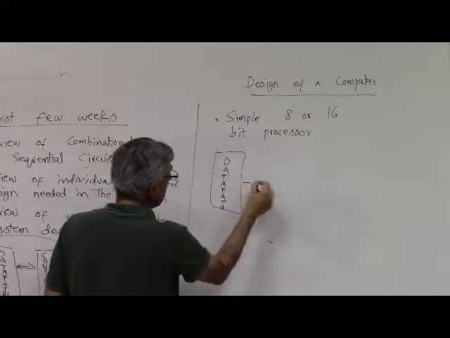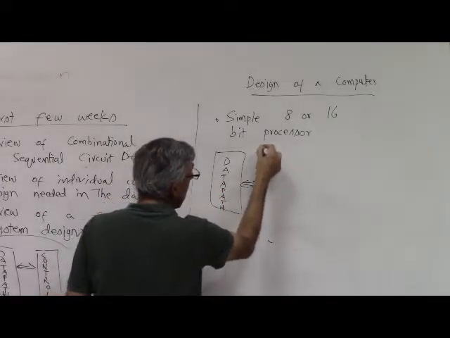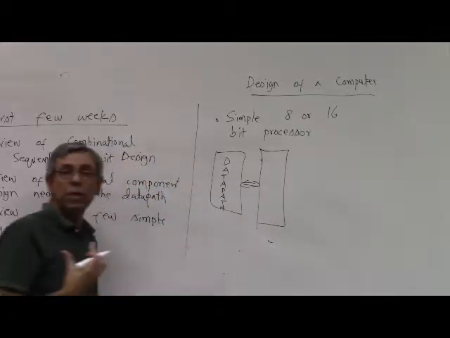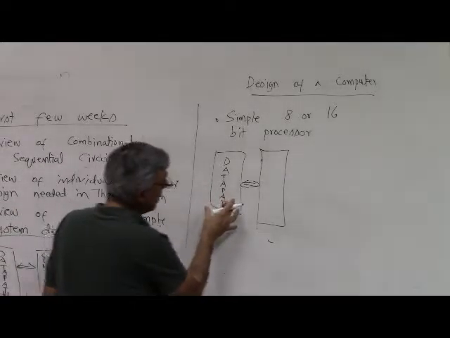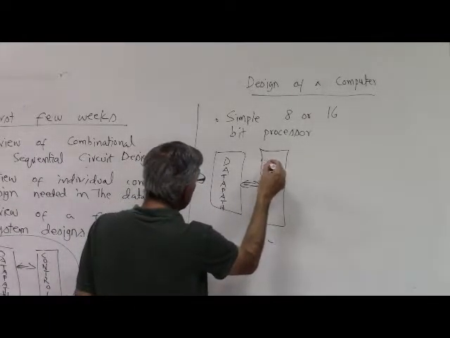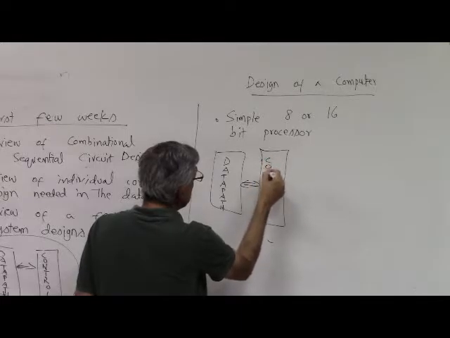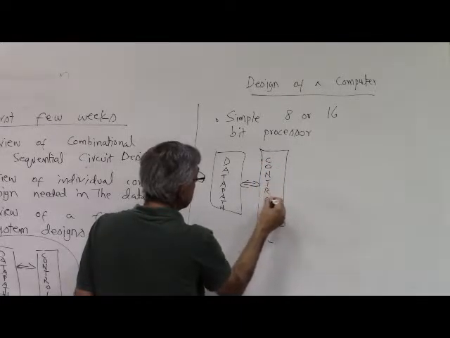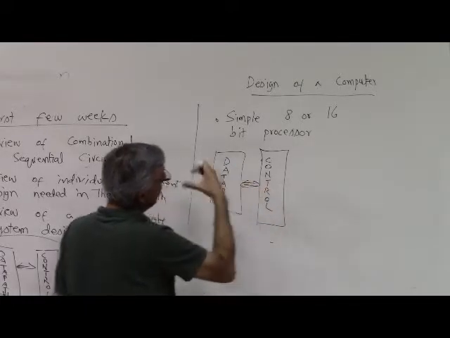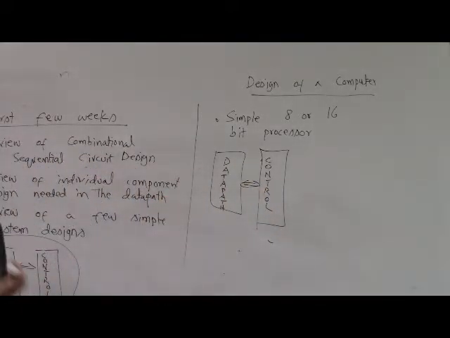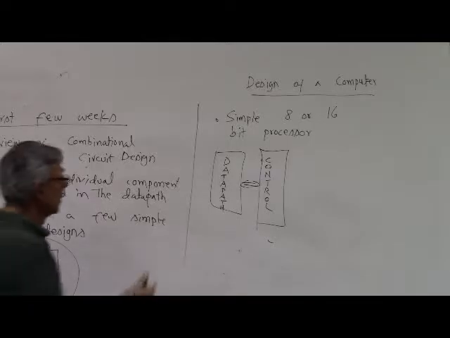It will have simple instructions to be able to add two numbers, store one number from the CPU into a memory, and so on. But anyway, this will be designing the data path and control as applied to a real computer, okay?